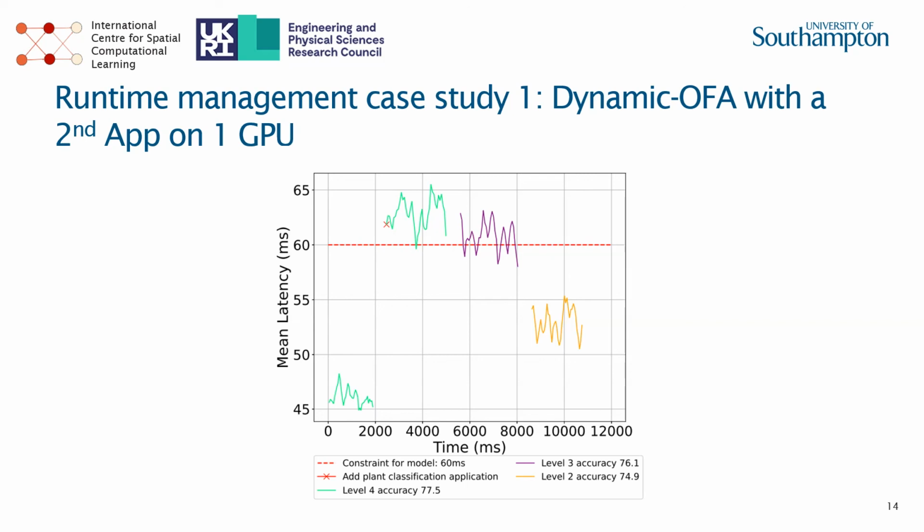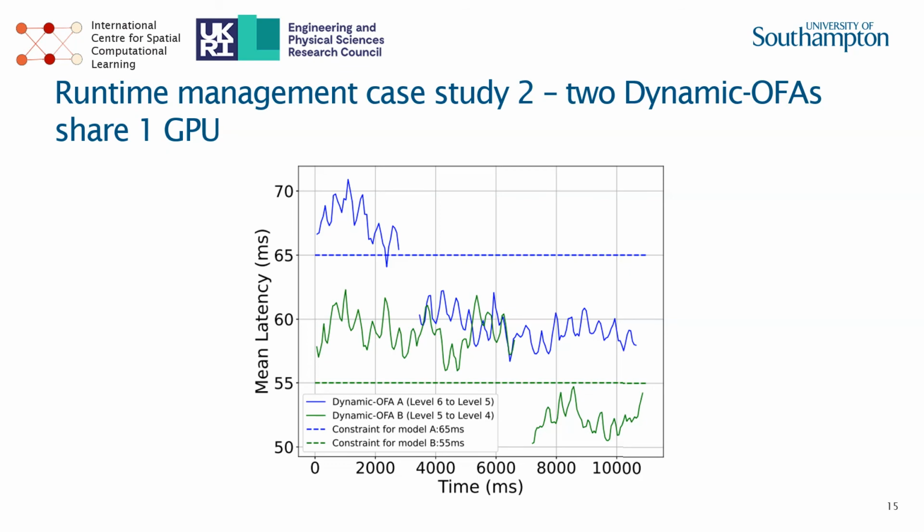So the runtime resource manager reacts to switch Dynamic OFA to smaller configurations to temporarily trade off accuracy for latency. In another case, we have 2 Dynamic OFAs sharing the GPU, so that they can give space to each other and don't have to switch to a much smaller model. They can just switch to a slightly smaller model, so they can coexist and meet their targets.